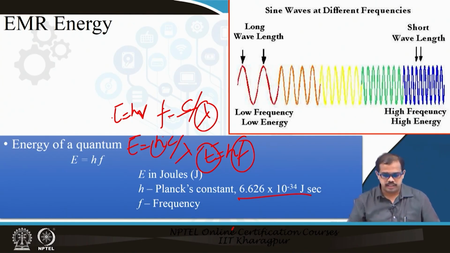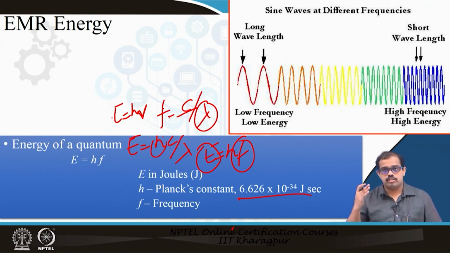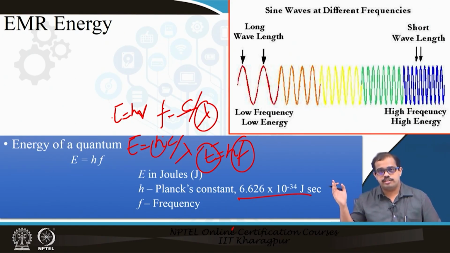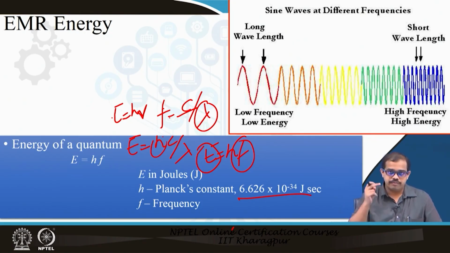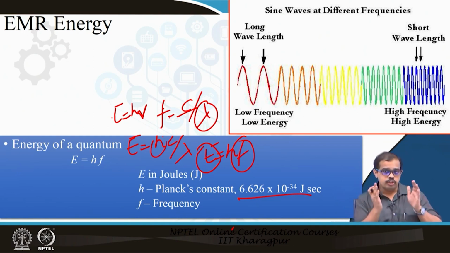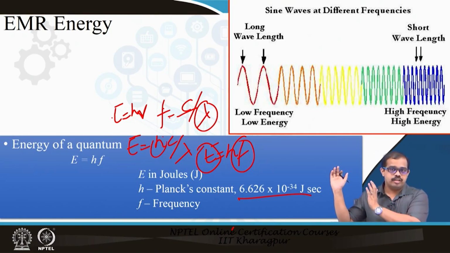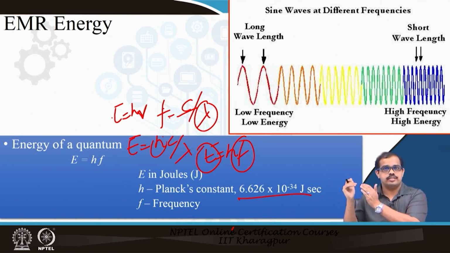If you ask me how does it affect, for example, if you go back to your electromagnetic energy distribution, if you have the lower wavelength, it will have higher energy, which means your visible spectrum or even below that will have a higher amount of energy, whereas the ones which have longer wavelength will have lower energy.